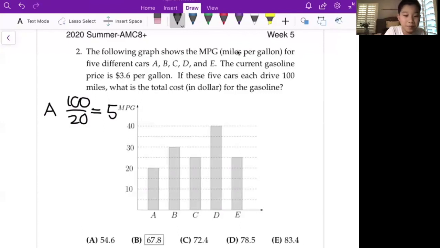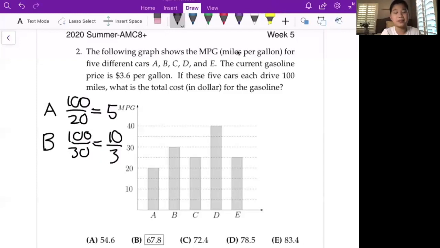Now, for B, the number of gallons used, it's 30 miles per gallon, so 100 over 30 this time, equals, let's just write it as a fraction, 10 over 3, it'll be easier. C is 25 miles per gallon, so 100 over 25, and it uses 4 gallons.